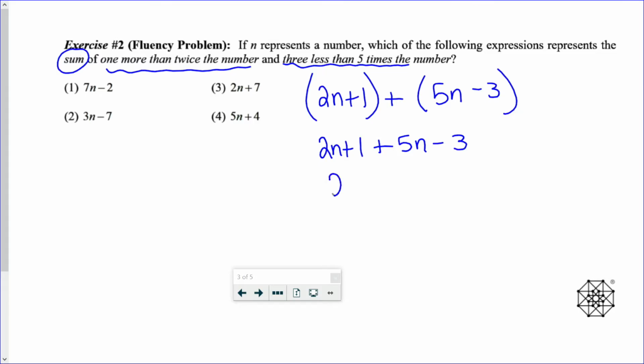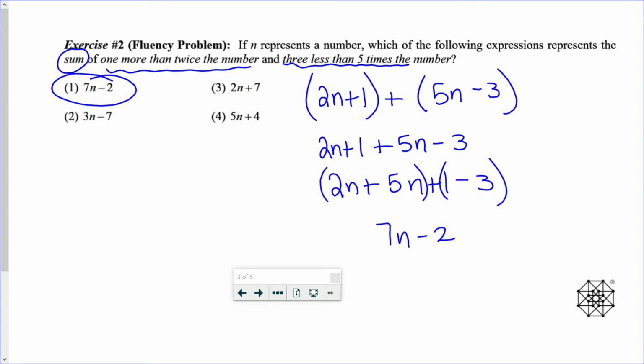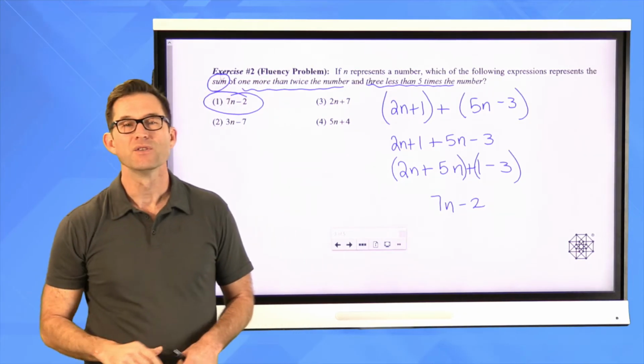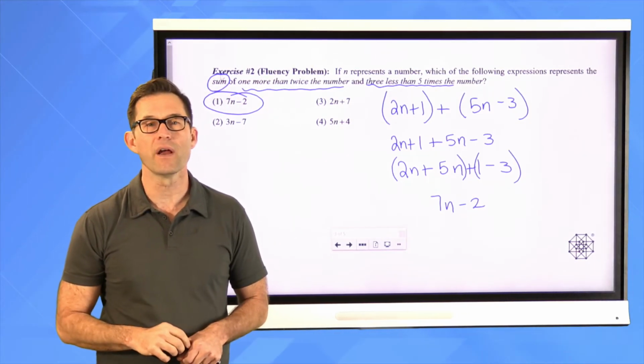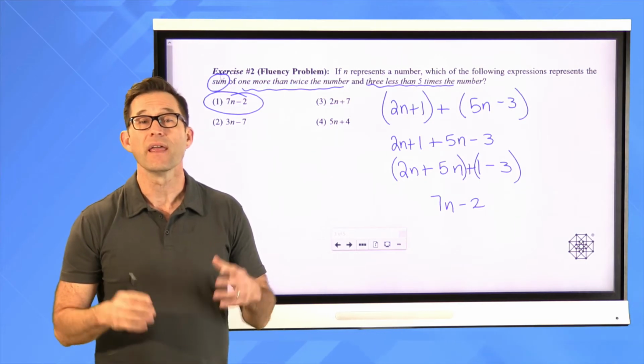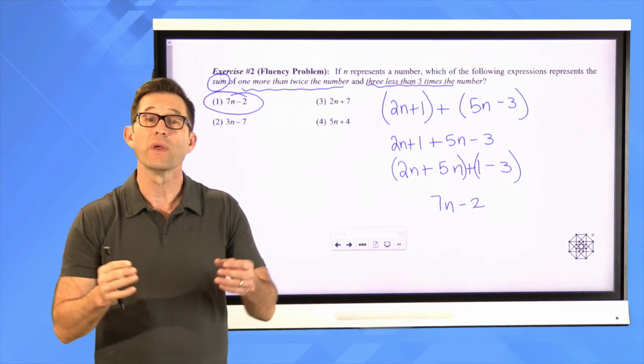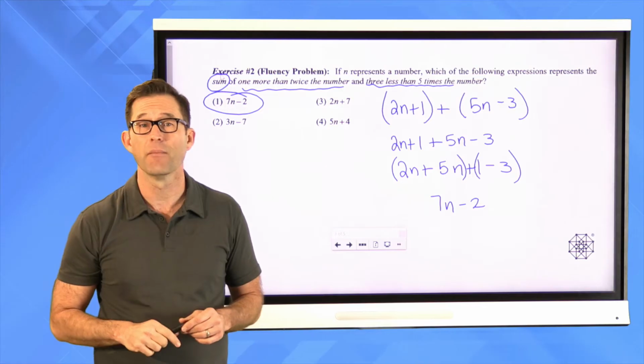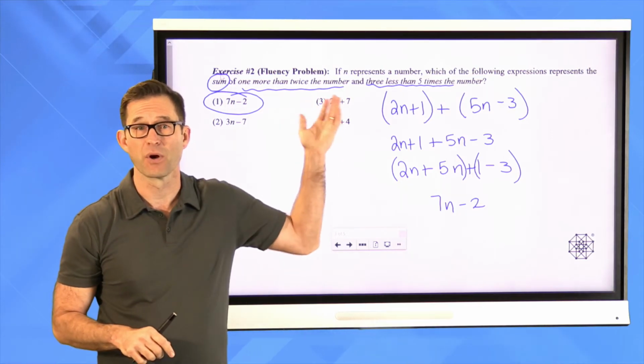We can use the commutative property then to rewrite this as 2n plus 5n plus 1 minus 3. Again, a little bit of associative property here gives us 7n minus 2. Choice 1, right? So we want to be able to translate those very complicated phrases into expressions so that we can then see patterns that come out of the expressions.